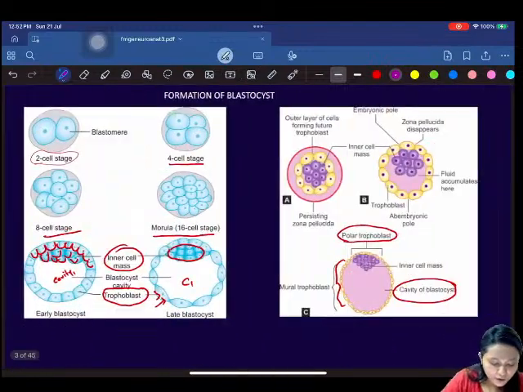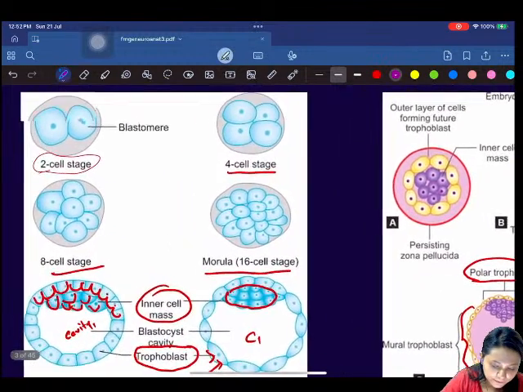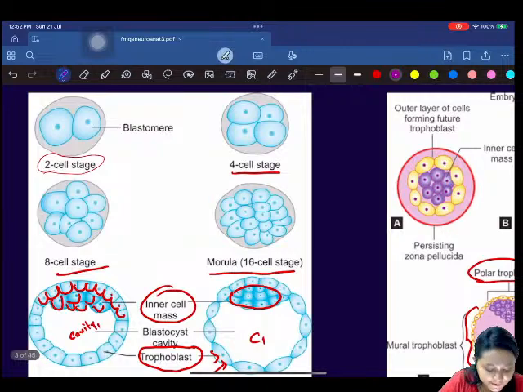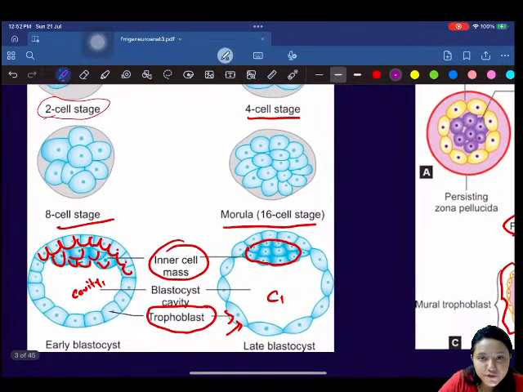We started with some embryogenesis. So now you know how the blastocyst is formed. First we have seen the different cell stages, 2 cell stage, 4 cell stage, 8 cell stage and morula. Then you have differentiation of the cells into the outer cell mass and the inner cell mass.